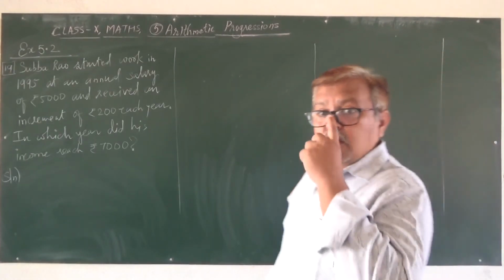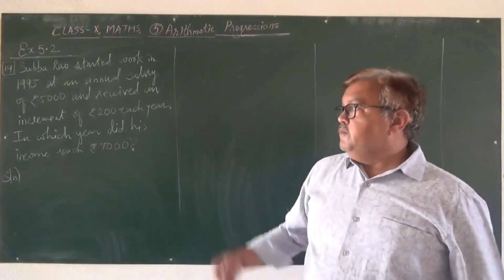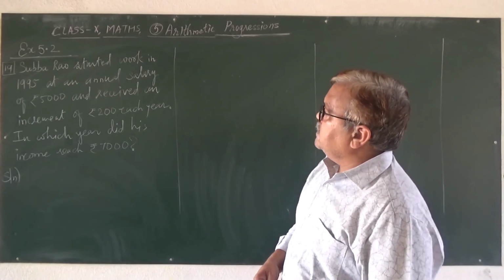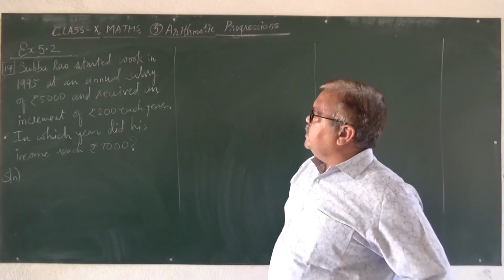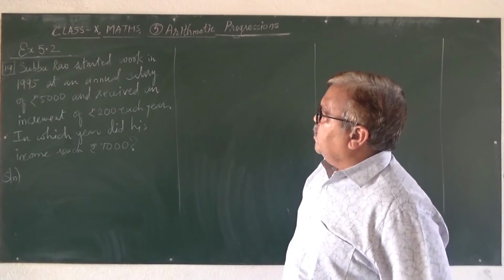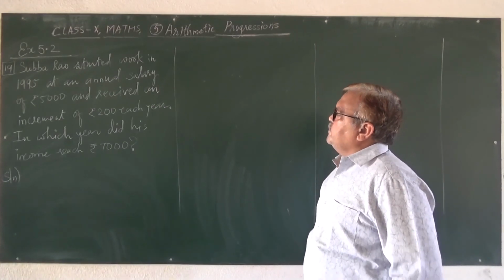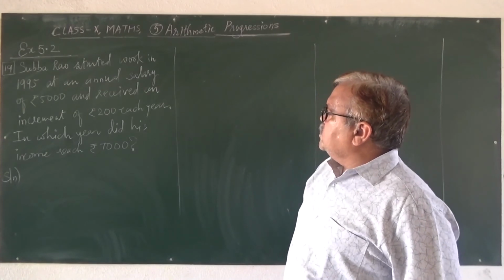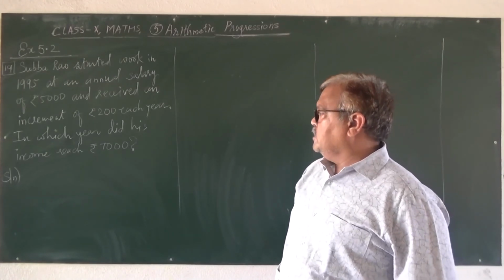Let us see a word problem based on arithmetic progression. Subbarao started work in the year 1995 at an annual salary of rupees 5,000, and received an increment of rupees 200 each year.